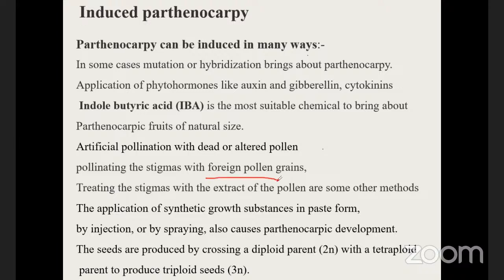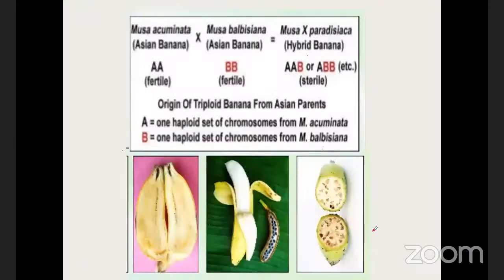Foreign pollen grains can't germinate on the stigma of a flower. Only the same genus, same species pollen will germinate. But it stimulates the stigma, with extract pollen or some other molecules. Okay, and synthetic growth substances in paste form, injection, or spraying. These are all different mechanisms for stimulation of parthenocarpy.